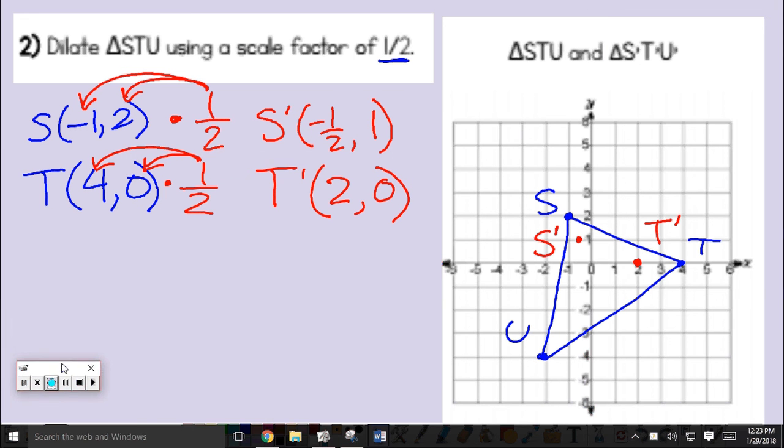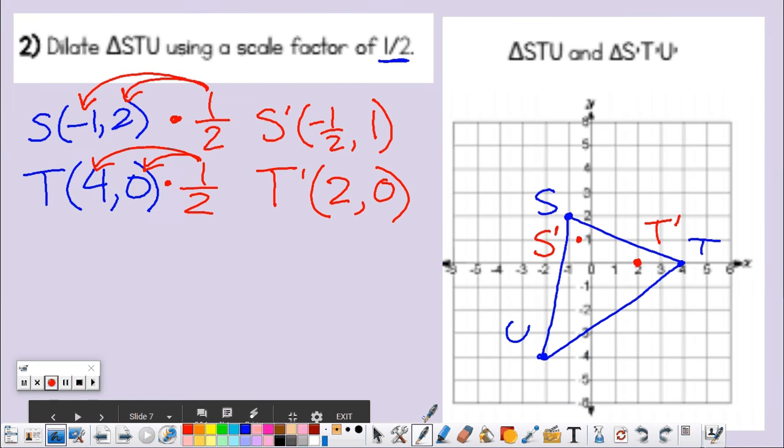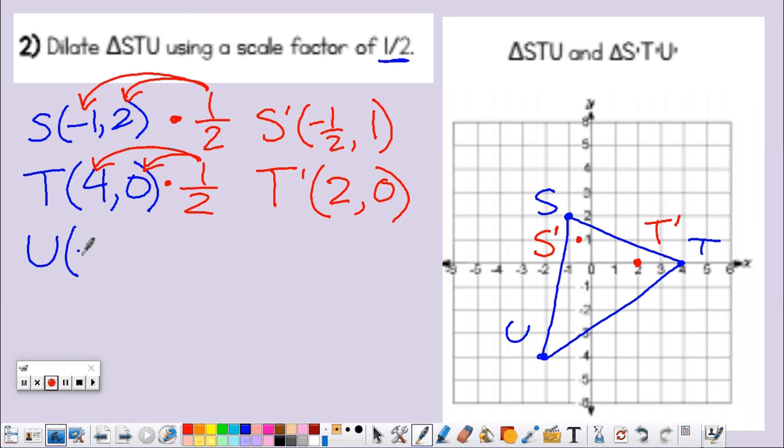All right, then we've got U, and U is currently at -2, -4, and we are going to multiply that by our scale factor, which is 1/2, so that U prime, 2 times 1/2 is going to be -1. -4 times 1/2 is, what's half of -4? -2.